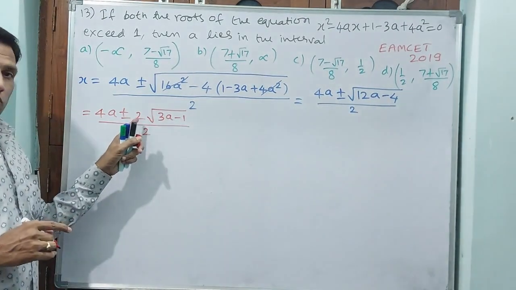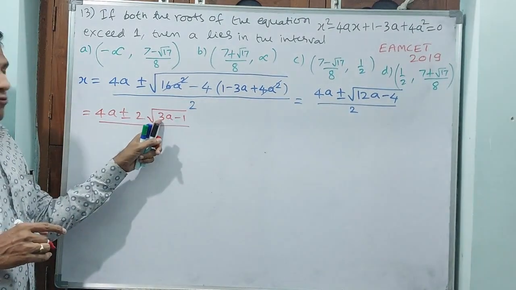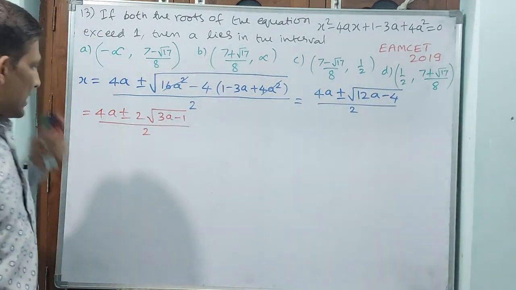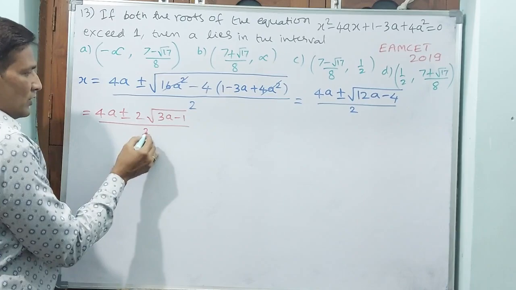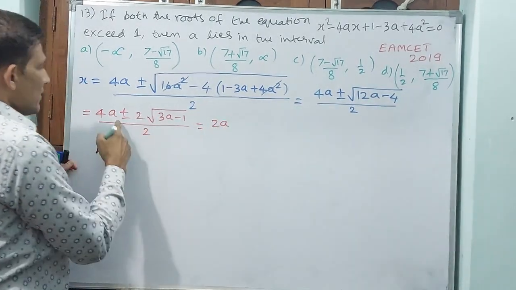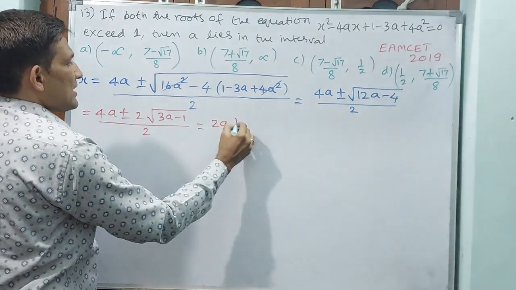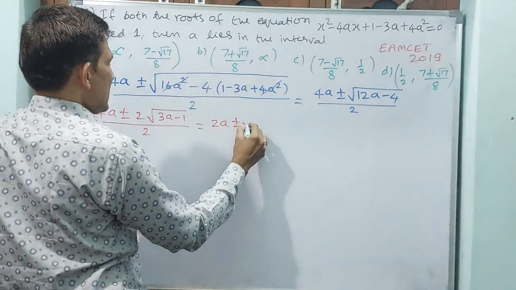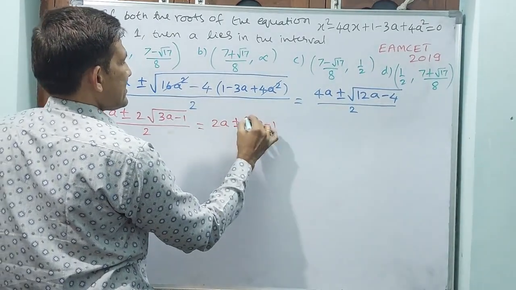This 2 you square, 4. 4 into 3 is 12a, 4 into 1 is 4: 12a minus 4. Now you cancel out. 2 can cancel out, 2a will come here, plus or minus 2 is going to get cancelled. Only root 3a minus 1 will be there.